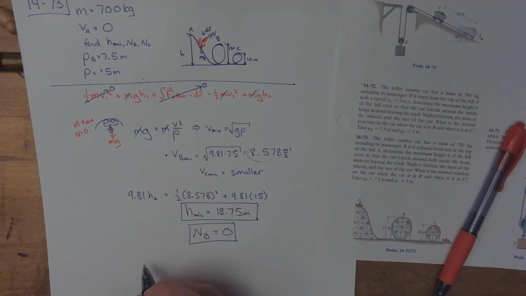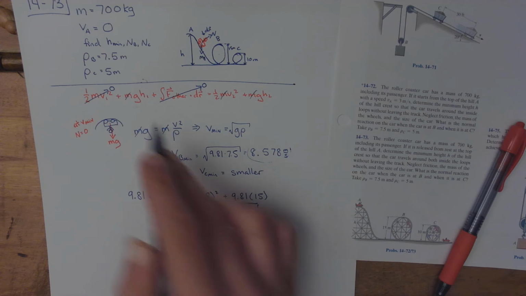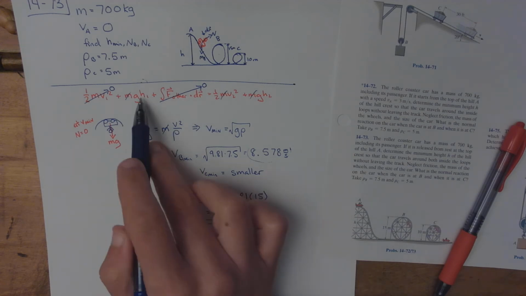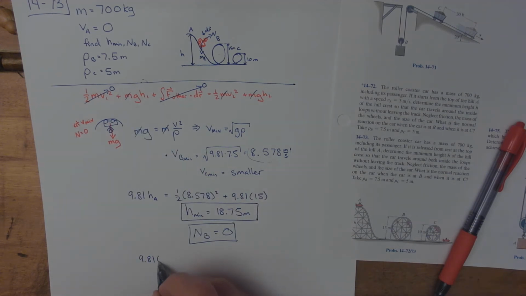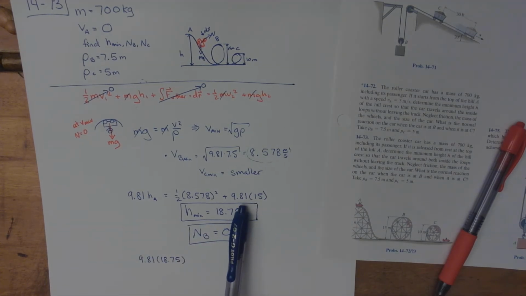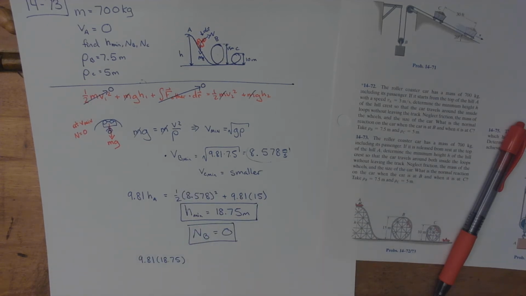So I'm going to say this is g, which is 9.81, times h1, which would be 18.75. You can see from this equation here that if you used B for the initial point, since this is equal to this, you'd still get the same thing. Let's figure out what this is. 9.81 times 18.75 is 183.9.